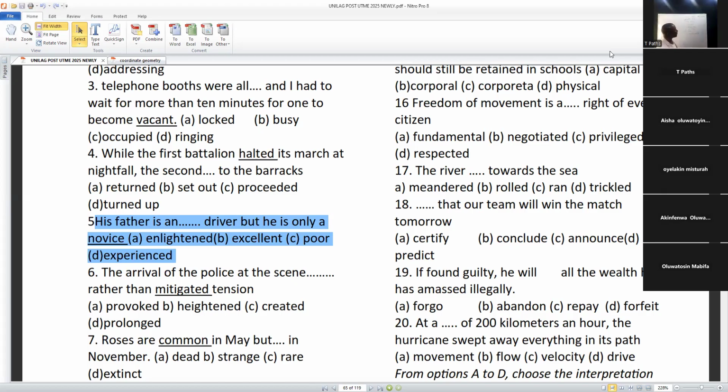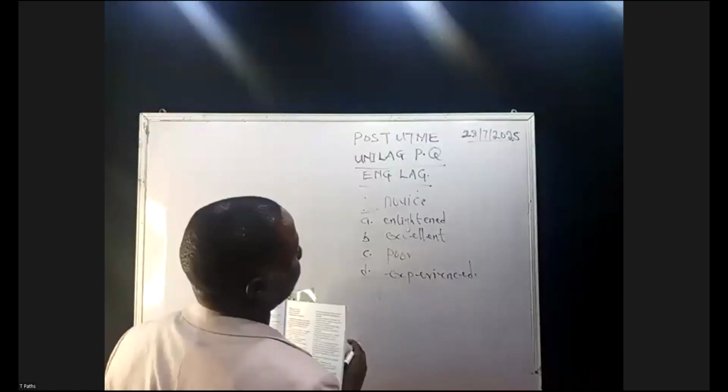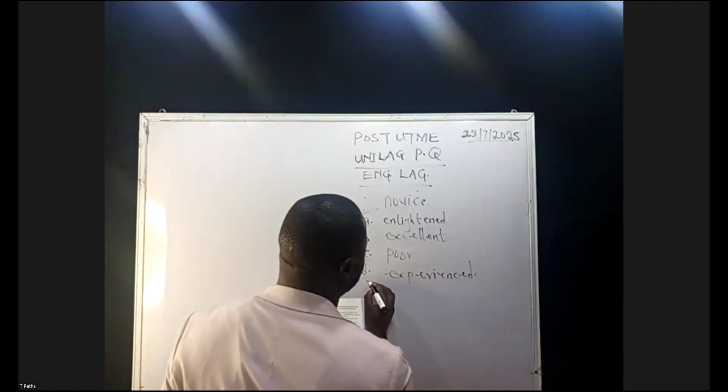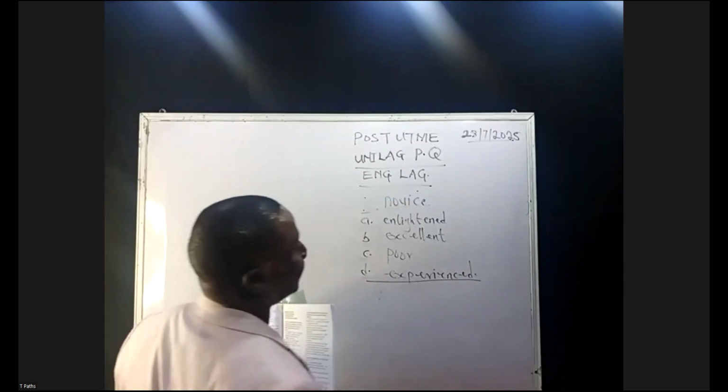We have enlightened, excellent, poor, and experienced. What will be the answer? Experienced. Yes, the right answer will be D, which is experienced.